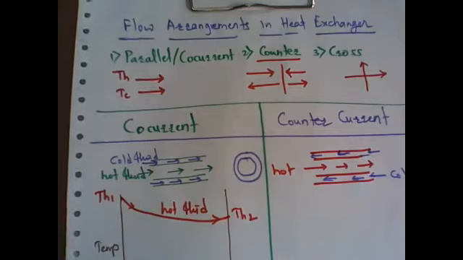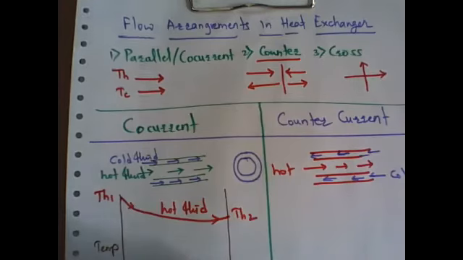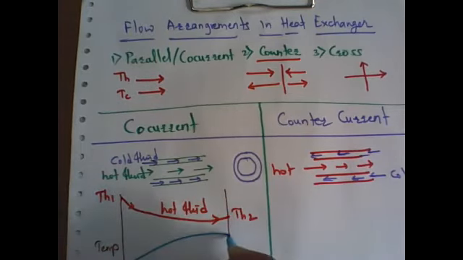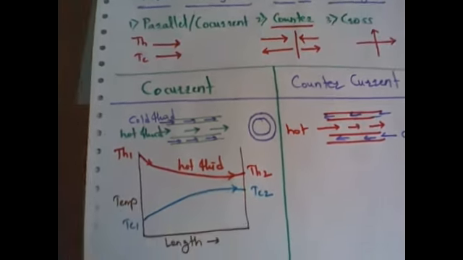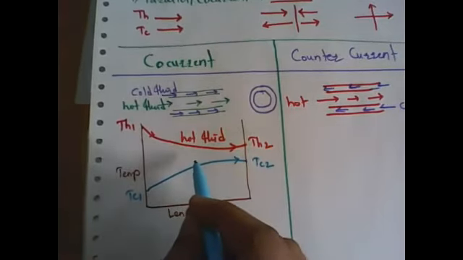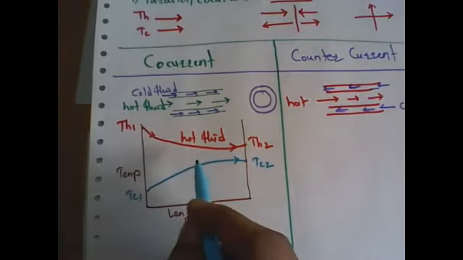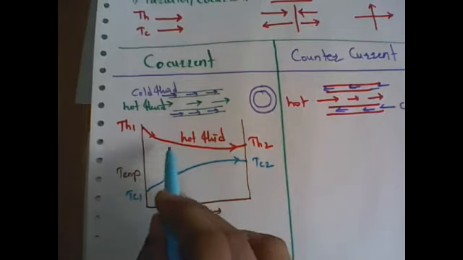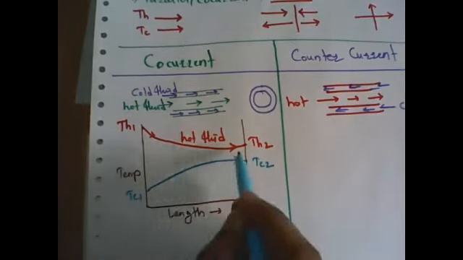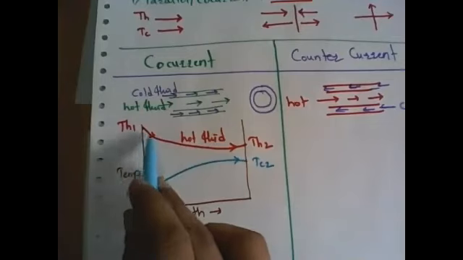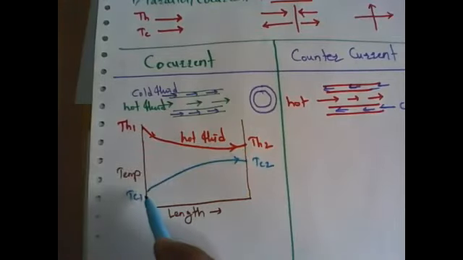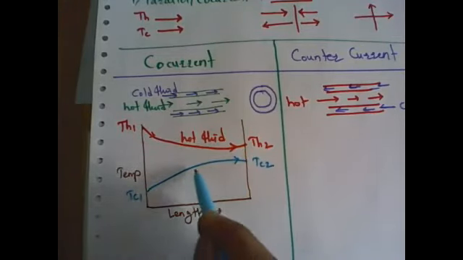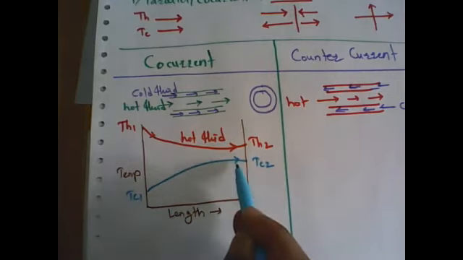And in case of cold fluid, if you observe the temperature profile, this is TC1 and this is TC2. So we know that as per the energy balance equation, as per the basics of heat exchanger, hot fluid loses the heat, that is why temperature is decreasing, and cold fluid gains the heat, that is why the temperature is increasing.